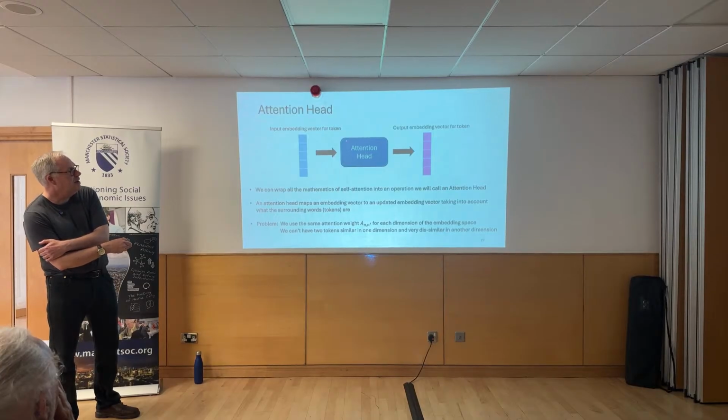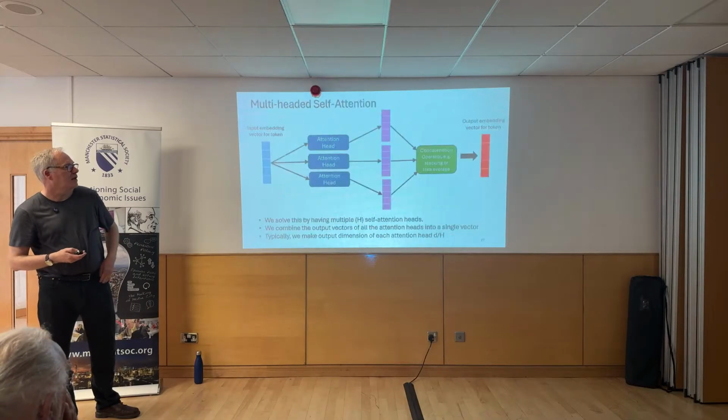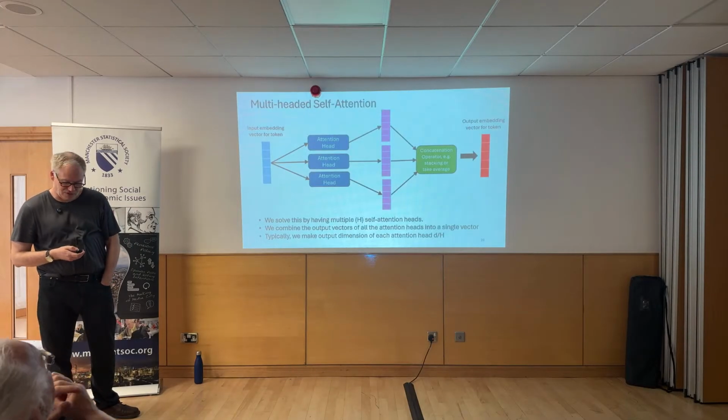It applies the same similarity measures to the first component as it does to the last one. There's no way in which it can say two words are similar in this component, but very dissimilar in this one over here. Okay, I can't do it using a single attention head, but there's a very easy solution to that. I just have multiple of these different attention heads.